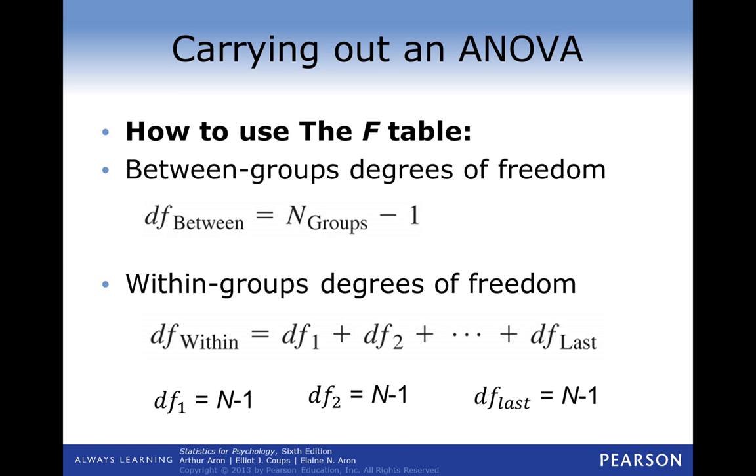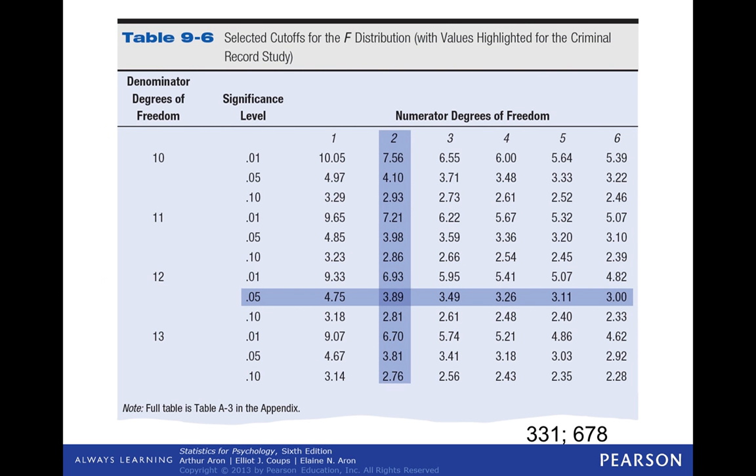So if you look, it says denominator and it says numerator. In our example here, between on the top is the 2, so we go here for numerator degrees of freedom, which is 2. Our degrees of freedom on bottom, denominator, is 12. And we are going to look at this at the 0.05 level.